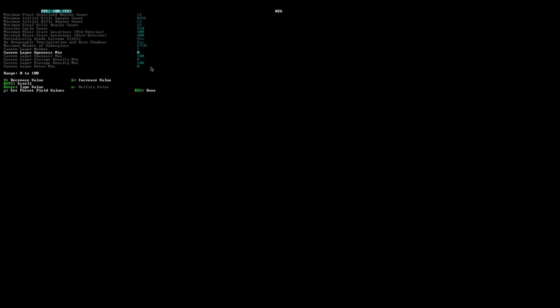Next is cavern layer openness min and max. Just as an FYI, if you disable this number and set it to 0, it will make it impossible to grow any underground plants, as none will exist in your population.